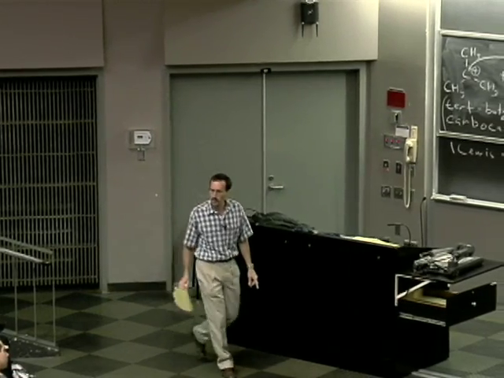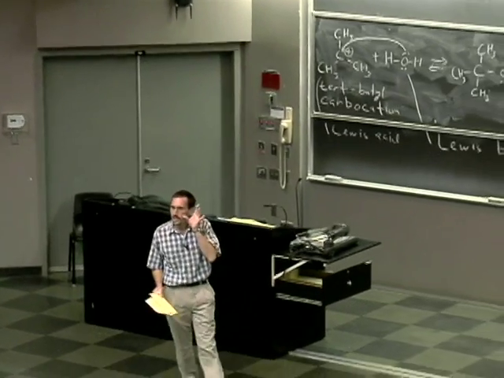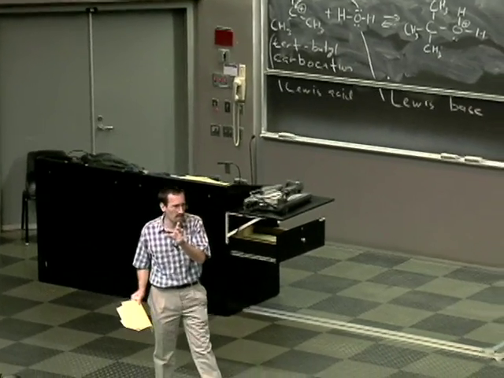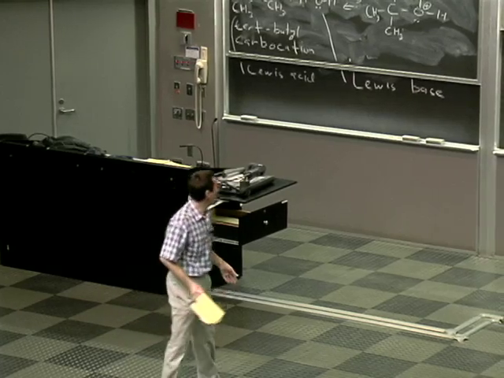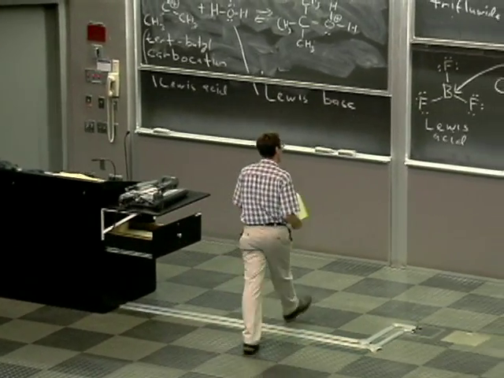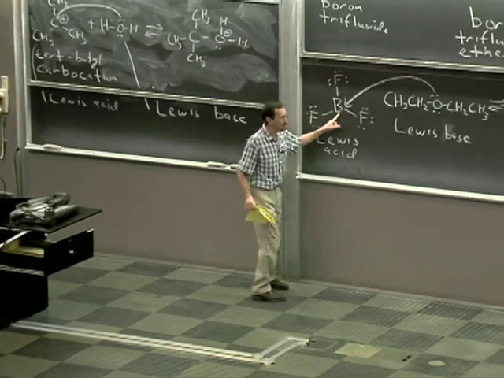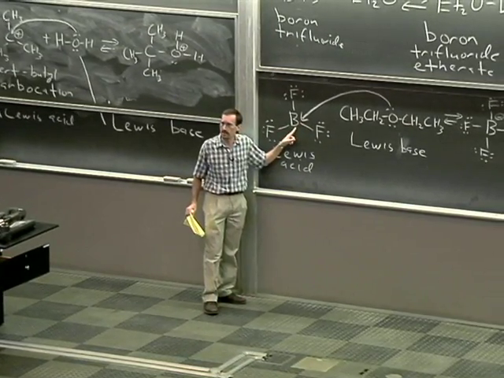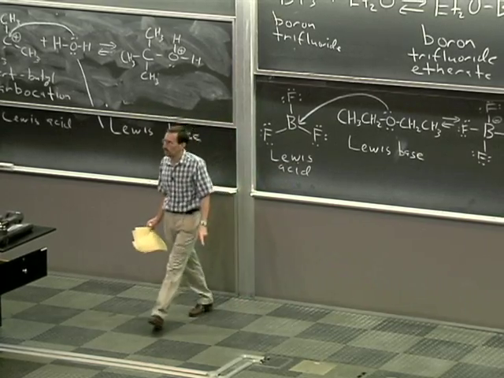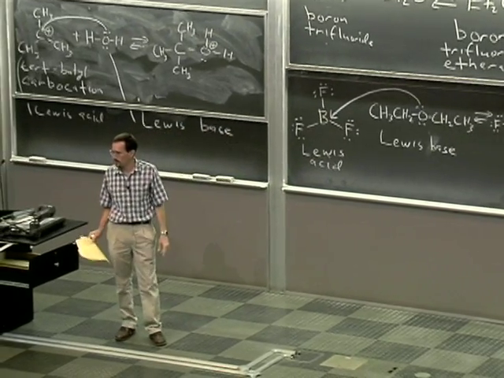The tert-butyl carbocation has only 6 electrons around carbon. Boron trifluoride has only 6 electrons around boron.